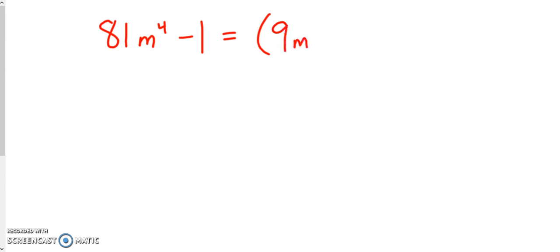All right. 81m to the 4th minus 1. Think about it. 81 is a perfect square. So that's 9m squared and 9m squared. And notice that 1 times 1 is 1.